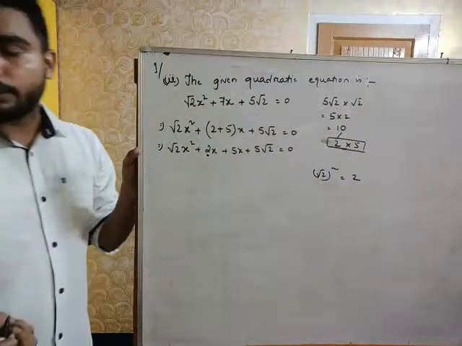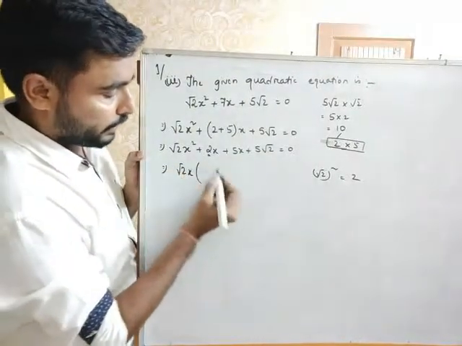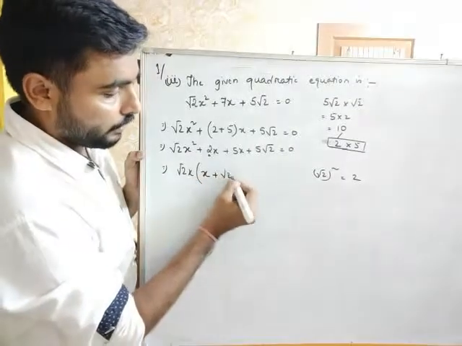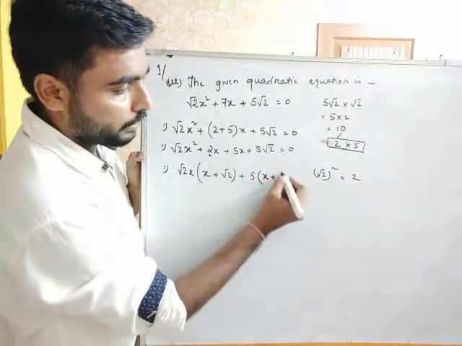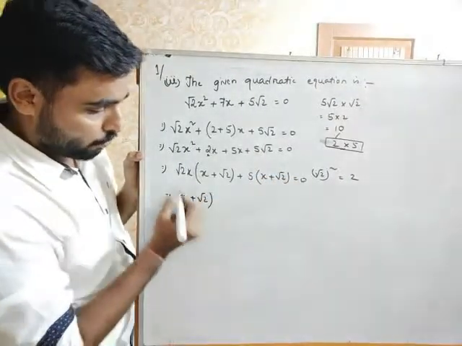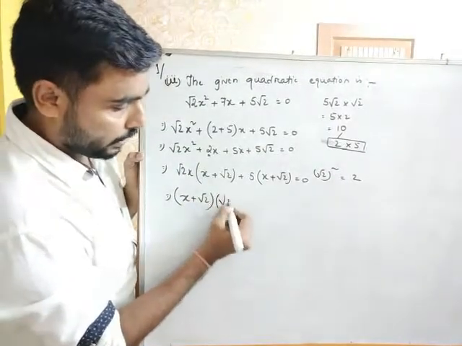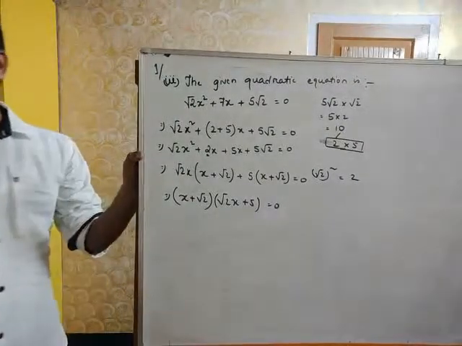So that means you can take root 2 common, and root 2 remains. So root 2x we have taken common, here remains x and here root 2. From the second, third and fourth term we can take 5 common, x plus root 2 is equal to 0. So x plus root 2 overall we got as common, and root 2x plus 5 is equal to 0.